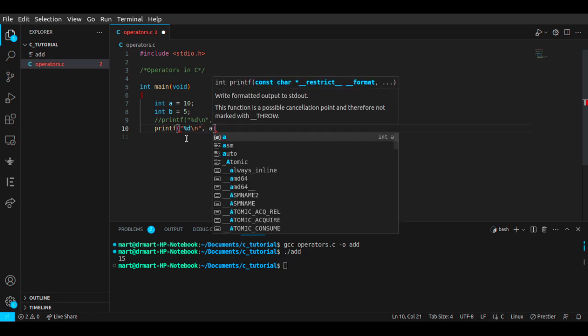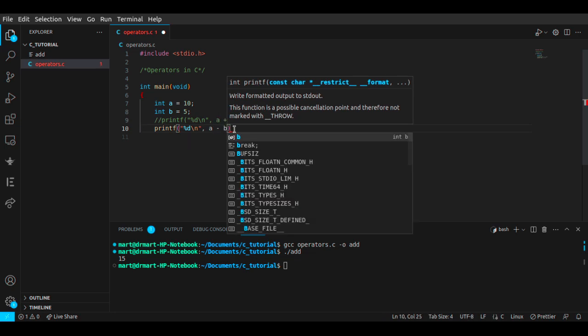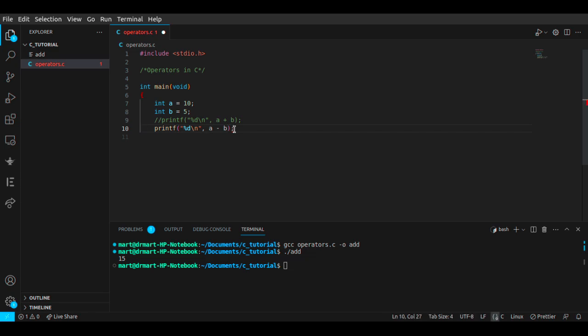This time around, I want a minus b, which should give us 5. So let's compile again. This time, let's use sub for subtraction.